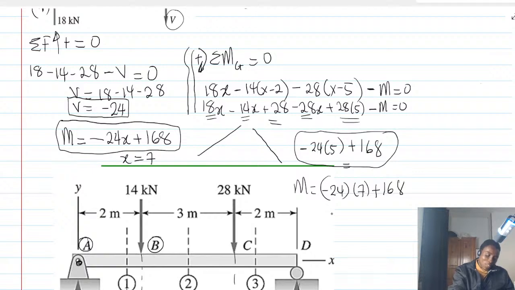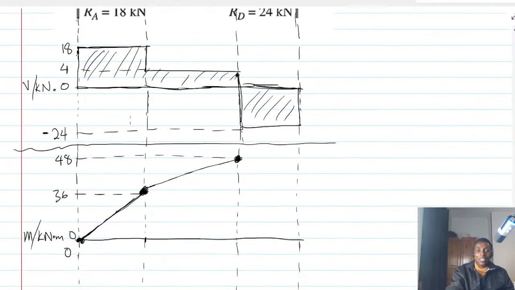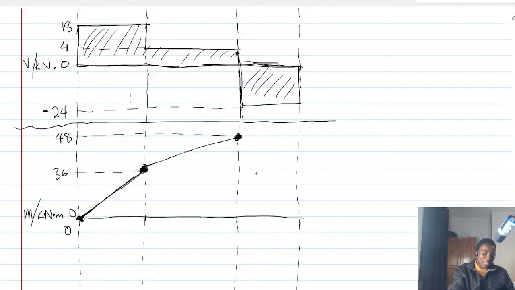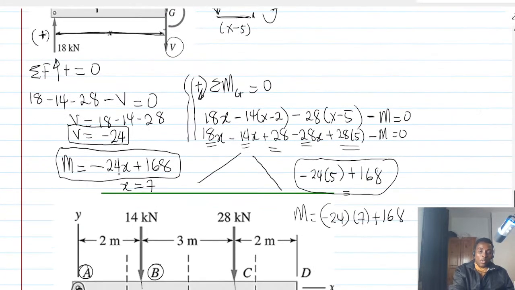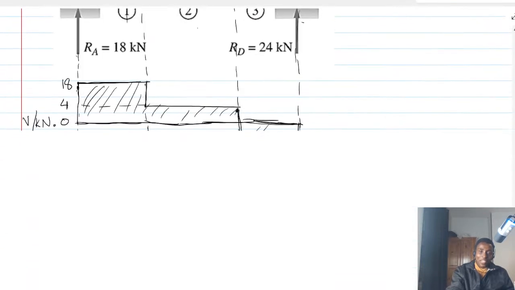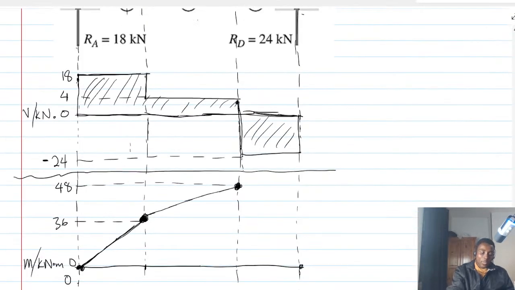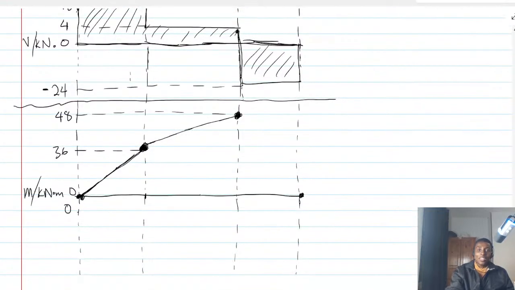Thank you, Emmanuel. What does it mean? It means that the moment function is a line, and this line is having a slope of minus 24. So you see that it is decreasing, and then it decreases to 0 at x equals 7. That's all. So this is the line.